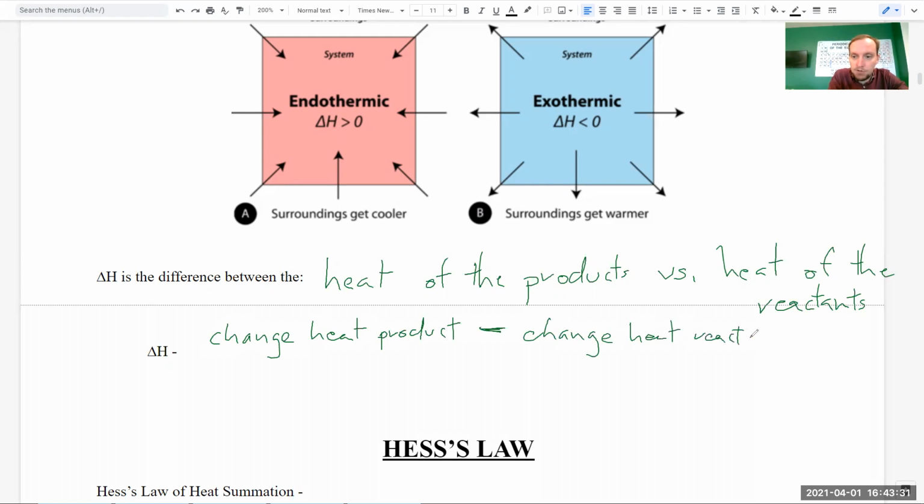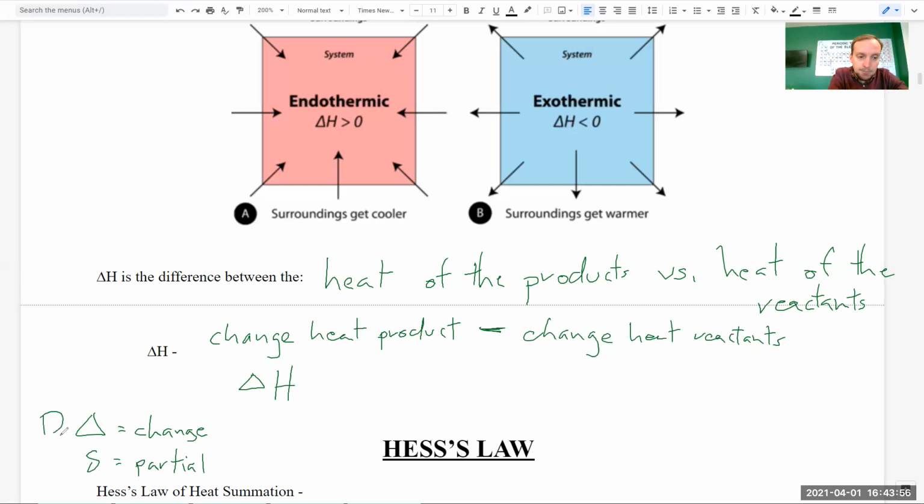reactants. Now, to really show it in math, what we do is delta H. As you guys may know, this is the capital D symbol in the Greek language. We use this to mean change. And then you guys may have seen this before in a previous unit. That is also the letter D, but the lowercase. And we use this to show partial. So just so you guys know, that's where we get these letters from.